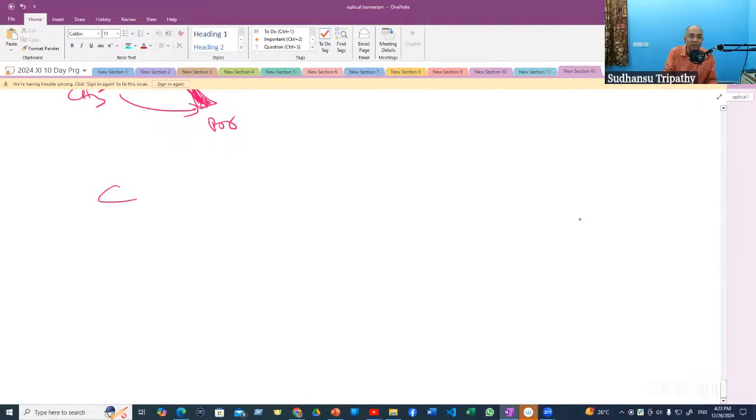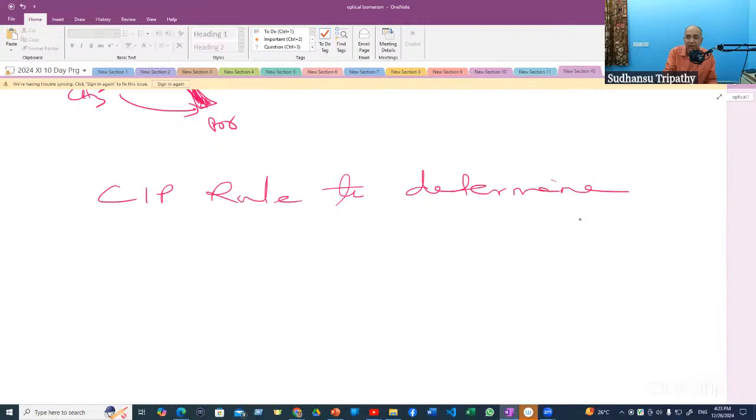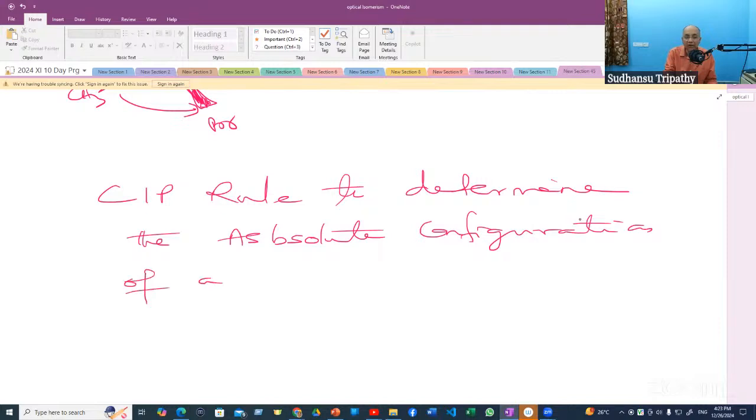Now, the CIP rule to determine the absolute configuration of a chiral center.